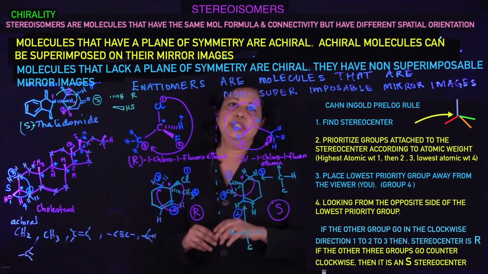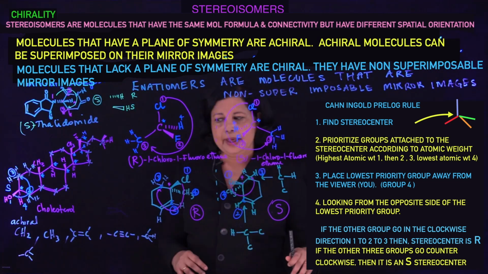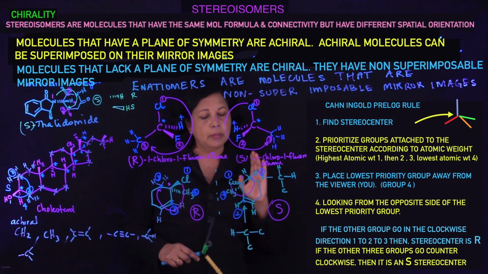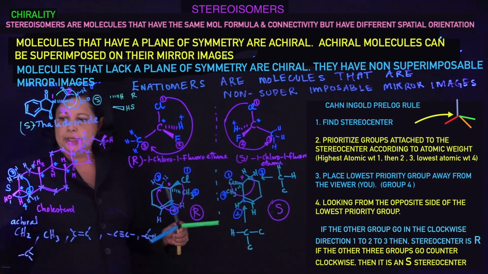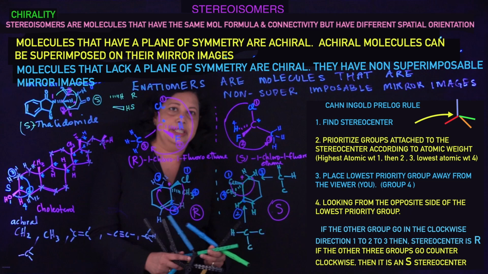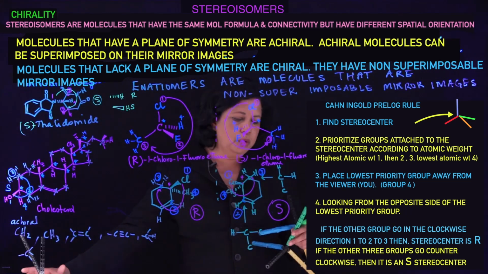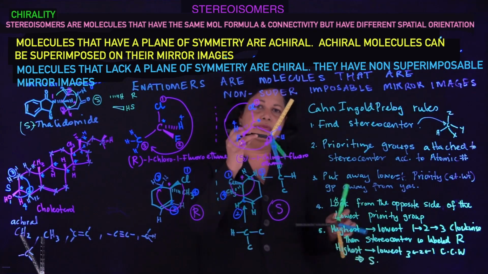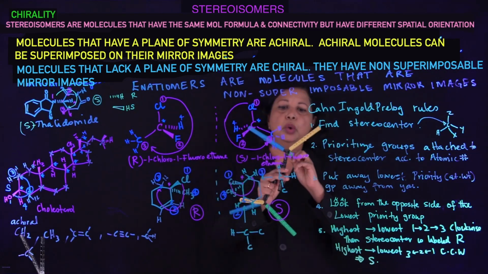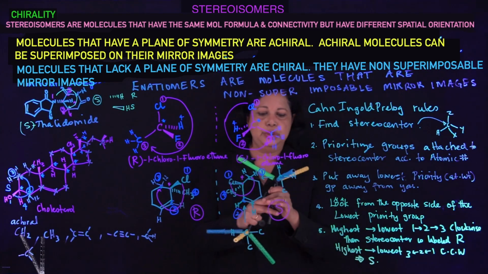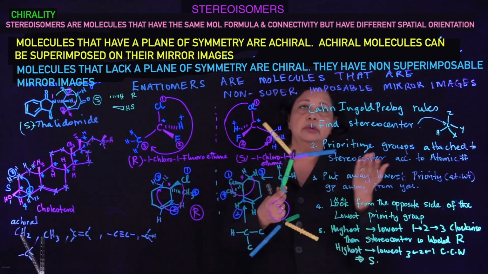We talked about stereoisomers, molecules that have the same molecular formula and connectivity but different spatial orientations. So if you take 2 molecules and they have 4 different groups on them, they don't have a plane of symmetry. That means you cannot cut it into equal halves.